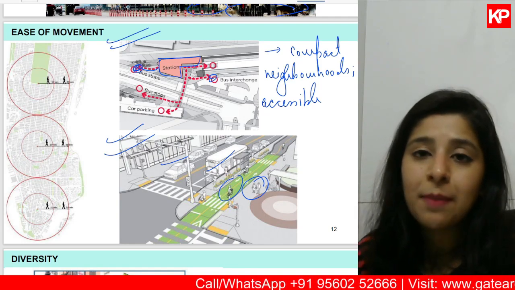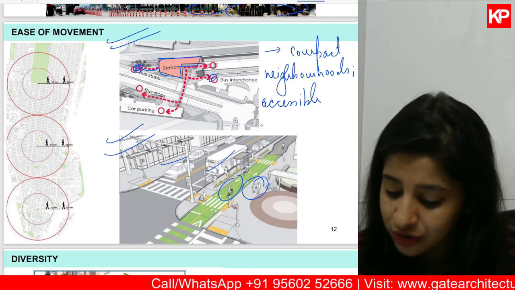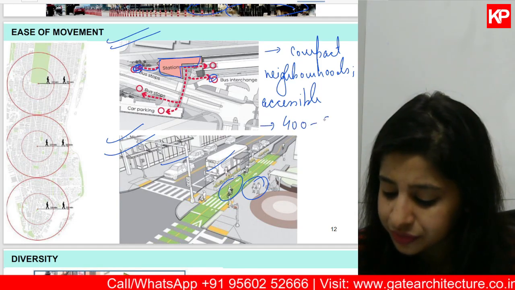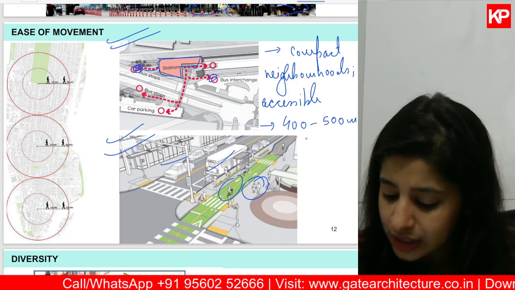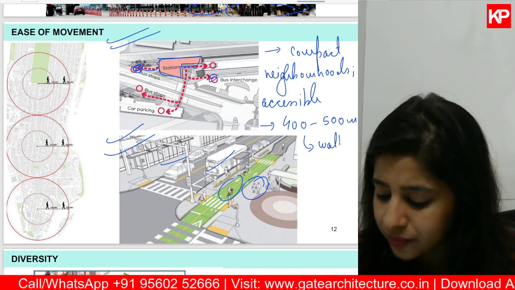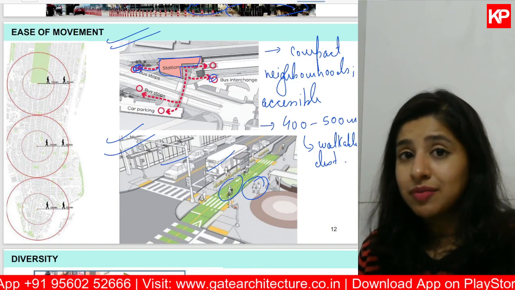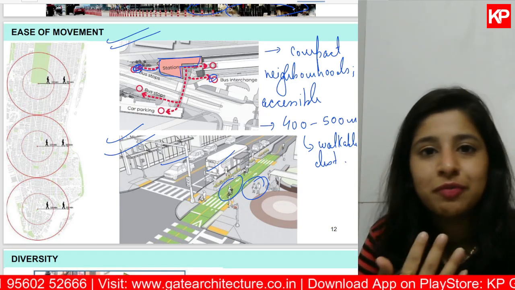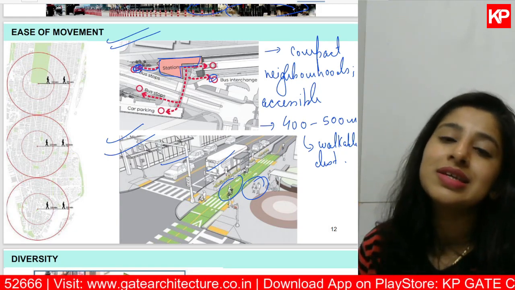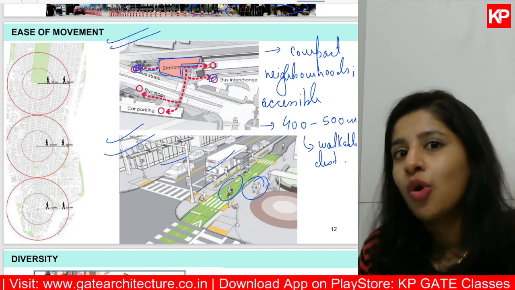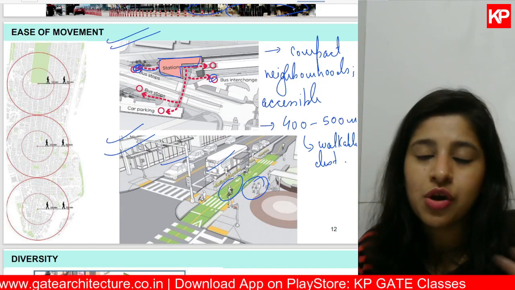Now see, what happens is that 400 to 500 meters is taken as a walkable distance. That means anything that is under this 400 to 500 meter buffer radius, you may prefer to walk to that place instead of taking a car out.